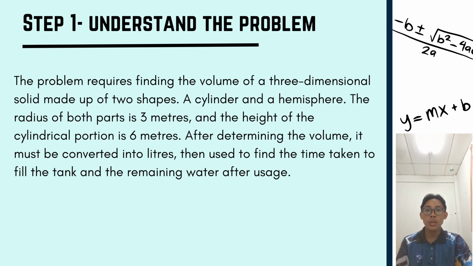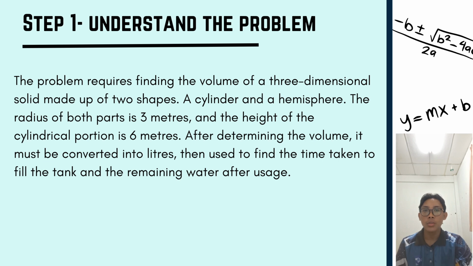Alright, so now let's solve the problem. Step 1, we need to understand the problem. The problem describes a school water tank made of 2 parts, a cylindrical base and a hemispherical dome on top. The radius of both parts is 3 meters and the cylinder height is 6 meters.